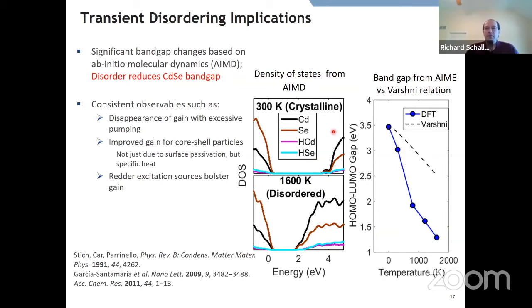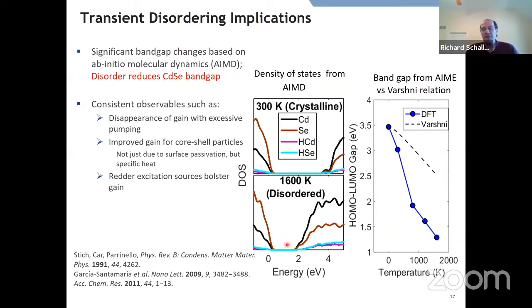But if you try to calculate density of states for considering what the band gap is for a crystalline core-shell nanoparticle, but then you heat it up very hot using AIMD methods, where you essentially heat the system up, freeze the atoms in place at that point, and then recalculate the electronic structure, what you see is that the band gap becomes much smaller for a disordered lattice, and this exact temperature is kind of meaningless. It's simulation type temperatures.